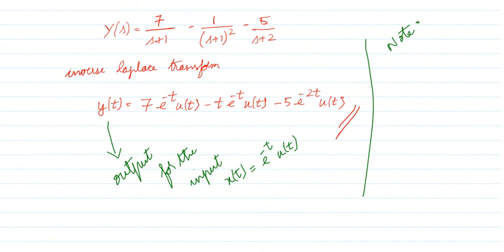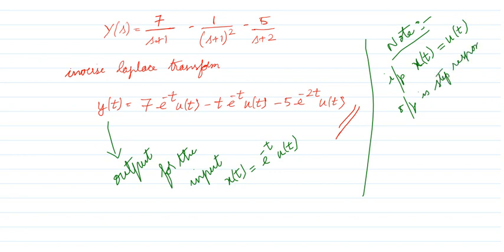Note: if the input x of t is equal to u of t, then the output is called the step response. Similarly, second note: if the input x of t is delta of t, delta means impulse, the output is called the impulse response.